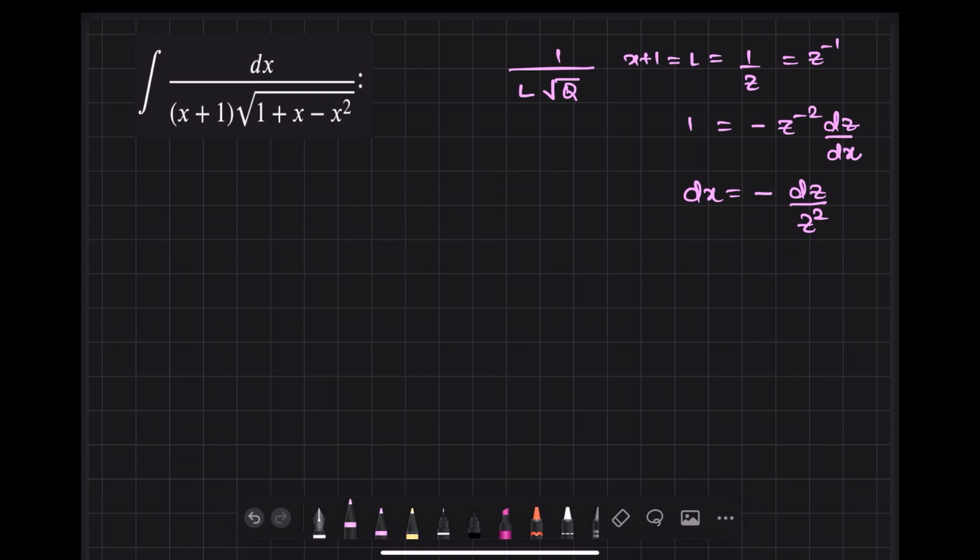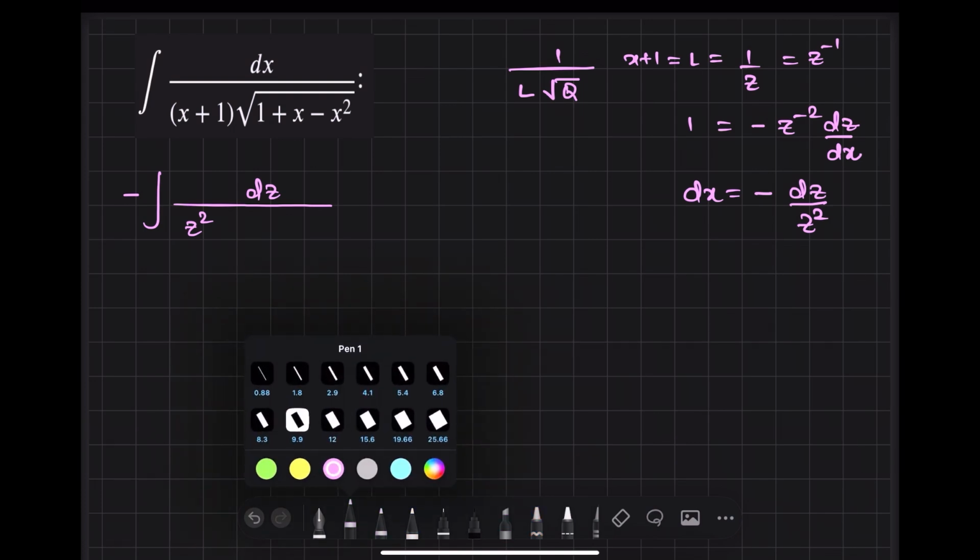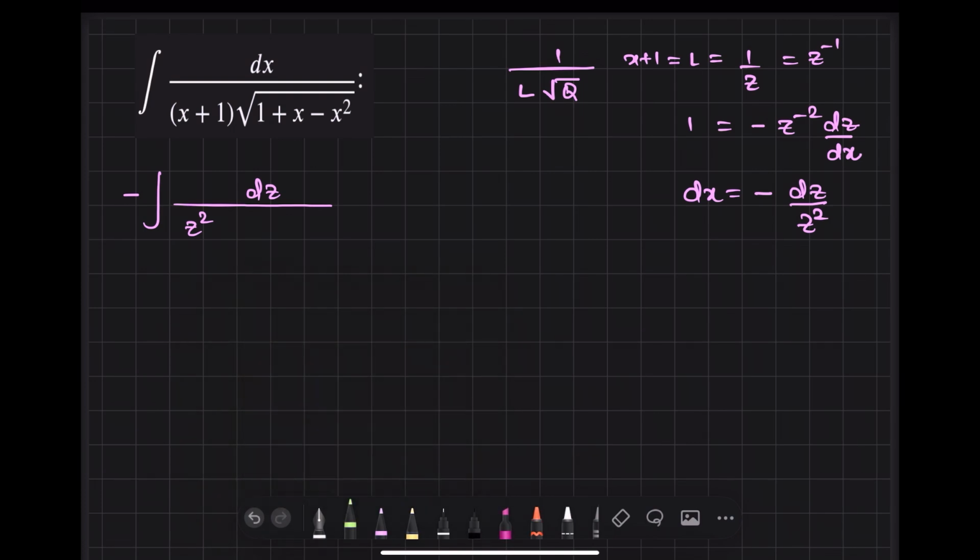Now let's do the simplification. Integration of minus dz by z square, so this is your dx component. Now you have x plus 1. So who is x plus 1? x plus 1 is 1 by z. Correct?